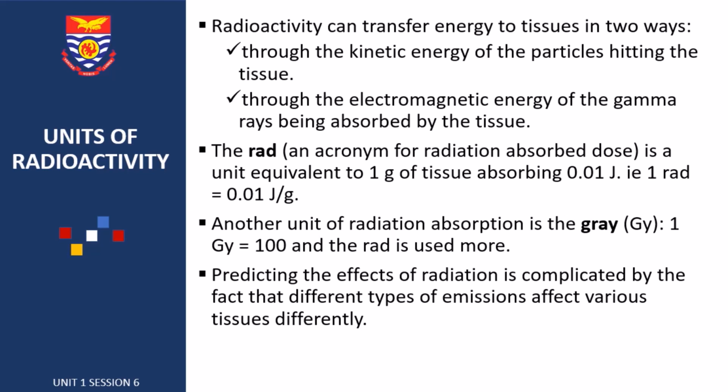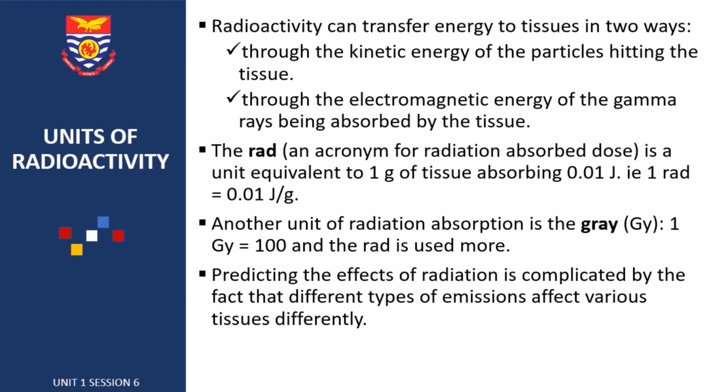So radioactive particles hitting the tissue will transfer energy to the tissue. Also through the electromagnetic energy of the gamma rays being absorbed by the tissue. So if the tissues absorb these gamma rays from these particles, they tend to get energy from them.